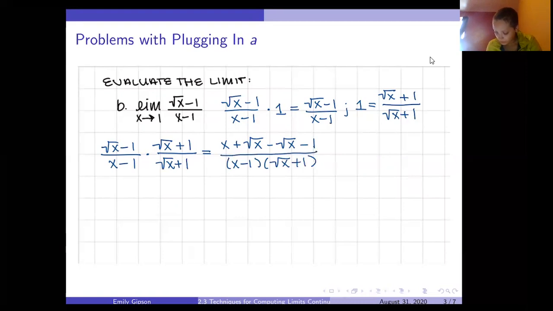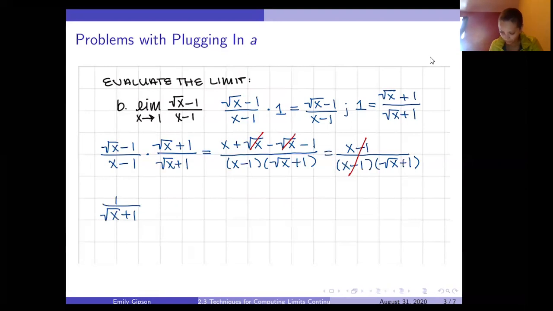Now our root x terms are going to cancel out, and we're going to be left with an x minus 1 on the top, an x minus 1 on the bottom, and a root x plus 1 on the bottom. Well, our x plus 1 term and our x minus 1 terms are going to cancel. So really, we're left with 1 over root x plus 1 as what we're evaluating the limit of.